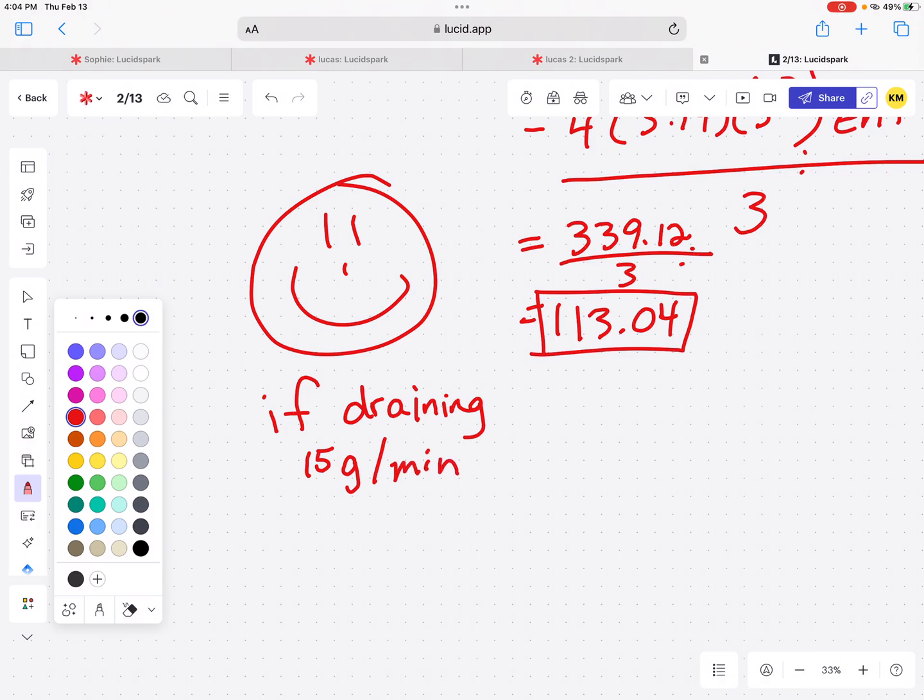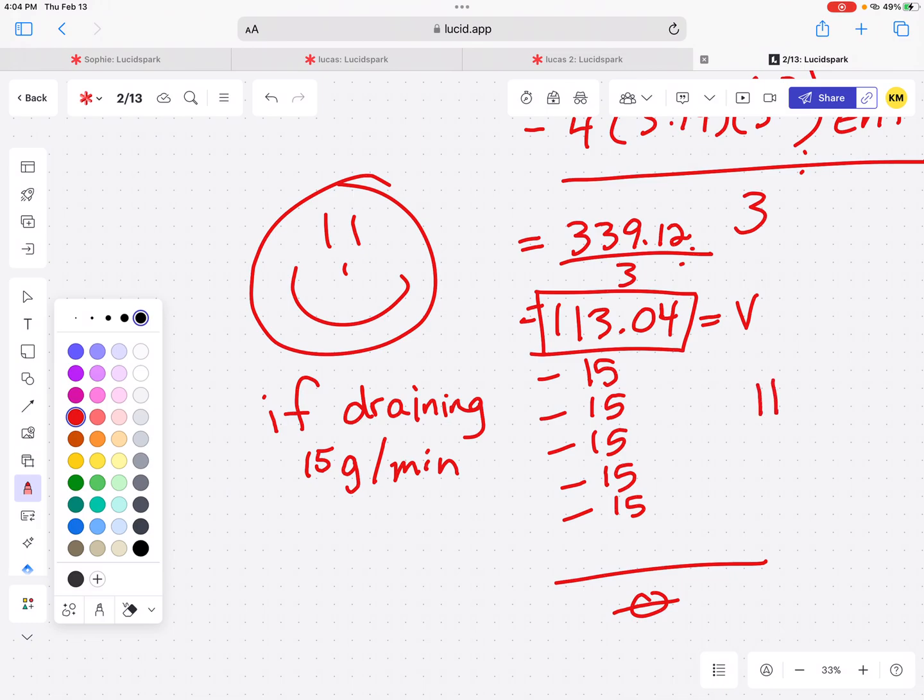What that means is, since this is the volume, we're going to take away 15, take away 15, as many times until we get to 0. So you could just keep subtracting and see how many times you subtract, or you can take 113 and divide it by groups of 15 gallons that it's draining out.